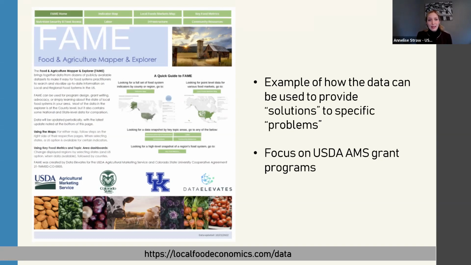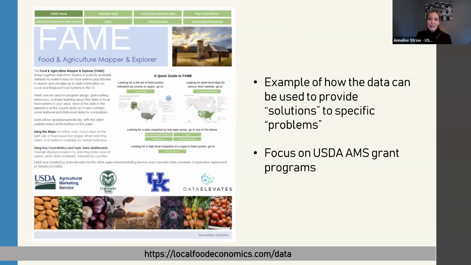They looked at gaps in existing food systems data and then developed a data dashboard to increase the accessibility to available food systems data. So the team developed FAME, and we'll stick a link in the chat, which brings together data from dozens of publicly available data sets to make it easy for food systems practitioners to really search and visualize up-to-date information about US local and regional food systems.